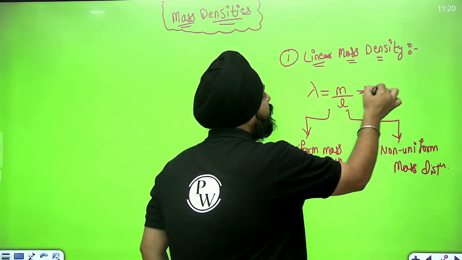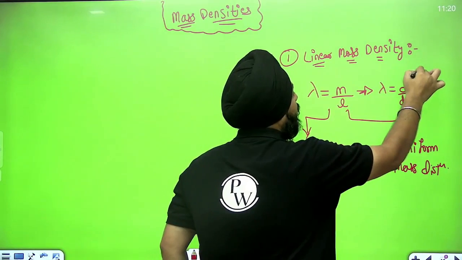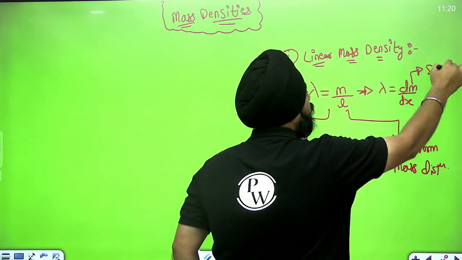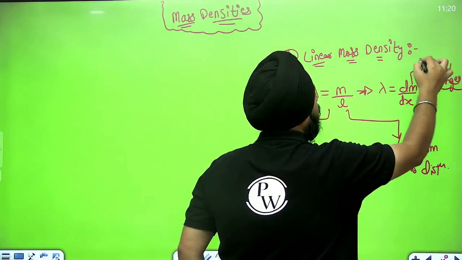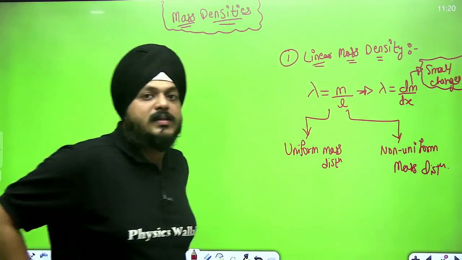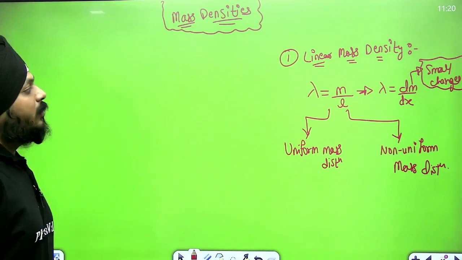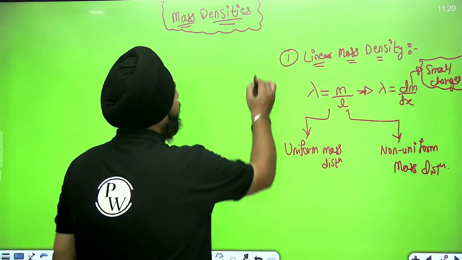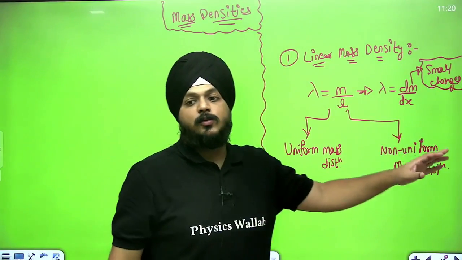For the smaller change, lambda is defined as dm by dx. For small values or small changes, lambda is equivalent to dm by dx. This also has the two cases, the uniform mass distribution and the non-uniform mass distribution.